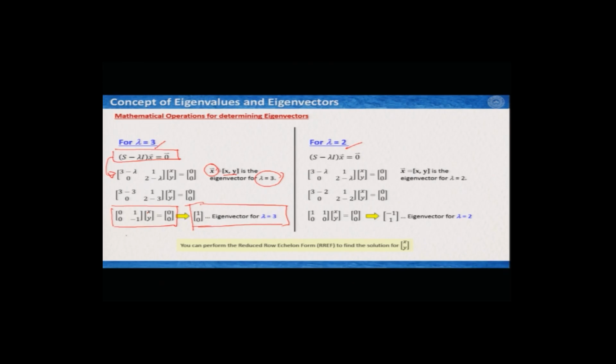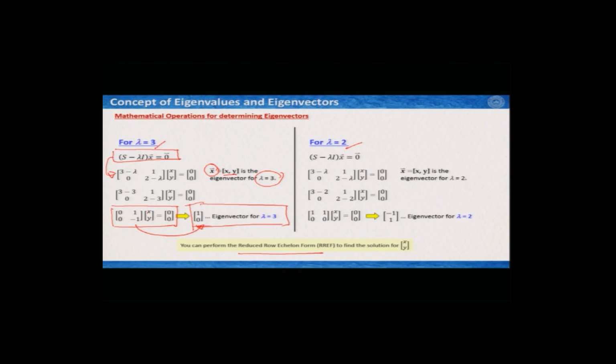By the way, just to let you know, to solve this equation for x and y, you can use reduced row echelon form, RREF, to find the solution of x and y, and you can find the process of RREF in any standard matrix algebra book or text.